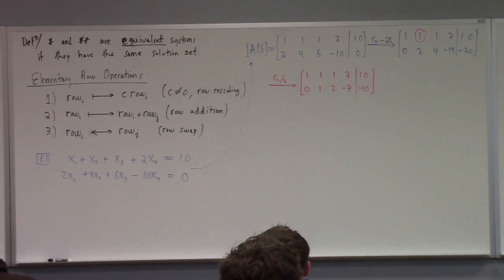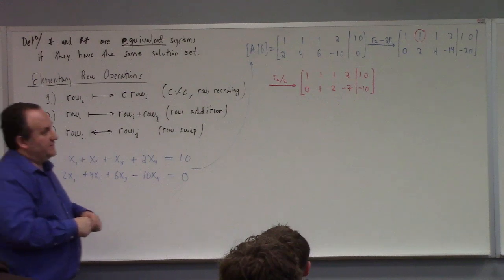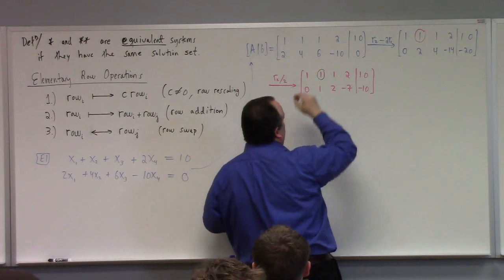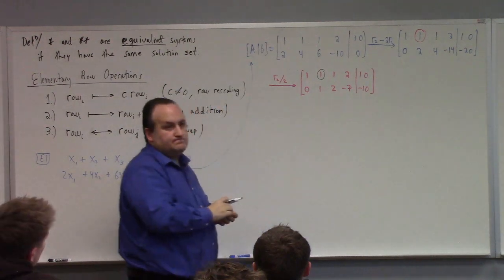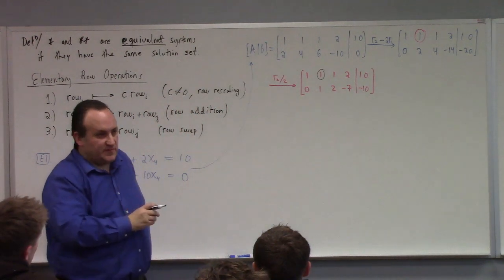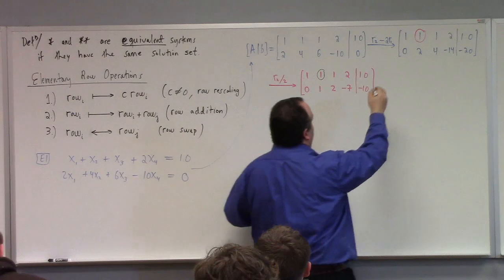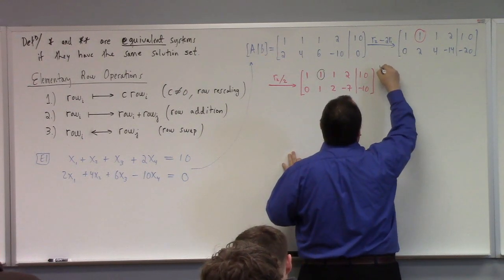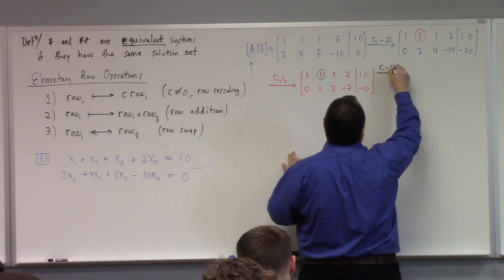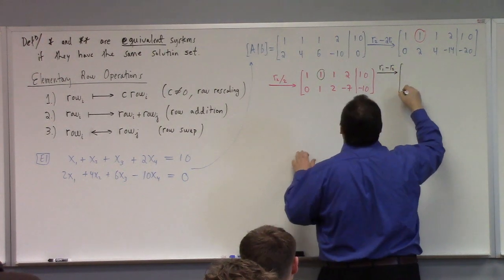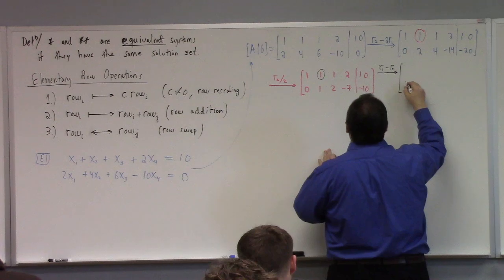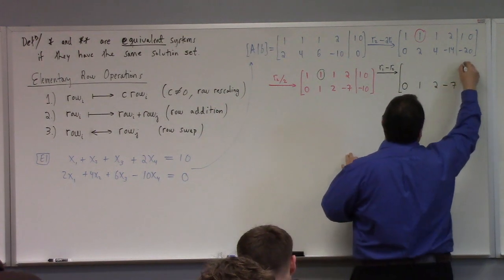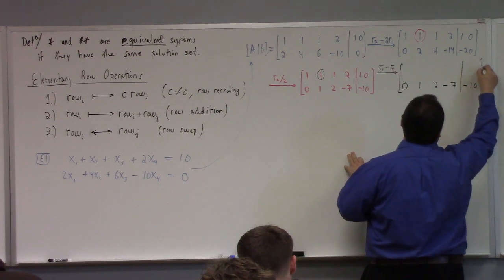Then what? Well, you guys tell me, if I want to make this 1 become a 0, what should I do? Subtract, right? So the way that looks in my notation is row 1 minus row 2. All right, so row 2 doesn't change, so I have 0, 1, 2, minus 7, minus 10 down here.